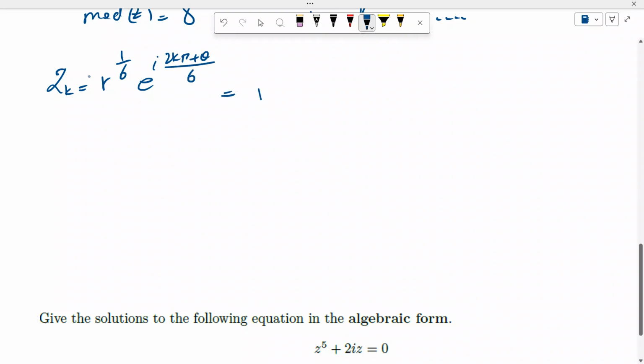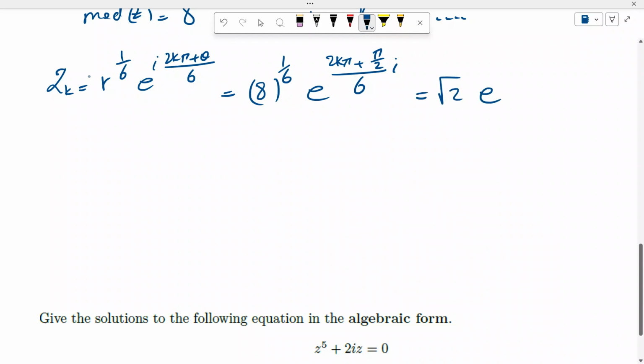R is 8 to the 1/6, e to the i times (2k pi plus pi over 2) over 6. We know that 8 is 2 to the 3, and 2 to the 3 to the 1/6 is 2 to the 1/2, which is root 2.